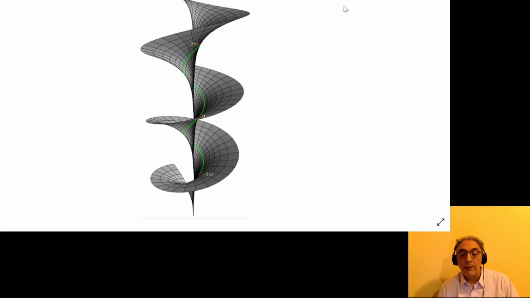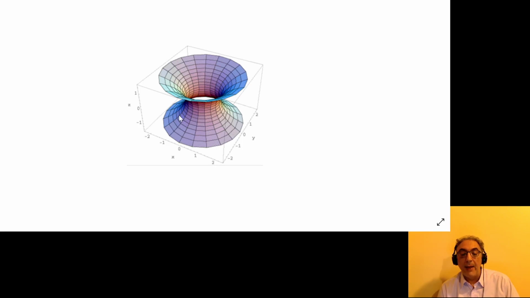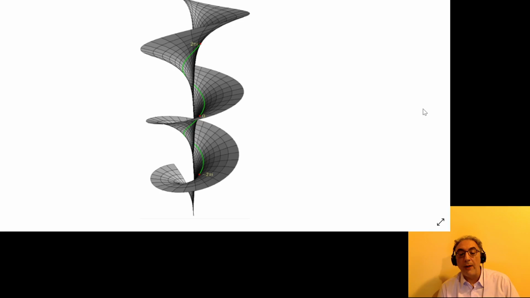But if we bound any portion of the helicoid, in terms of curvature, it becomes indistinguishable, so locally isometric with a catenoid. So from the perspective of two-dimensional space, if you imagine beings having perception of two-dimensional space, the catenoid and the helicoid are locally indistinguishable from each other.